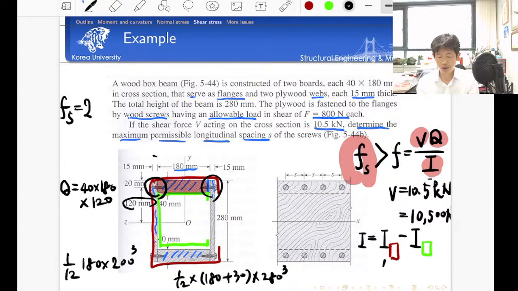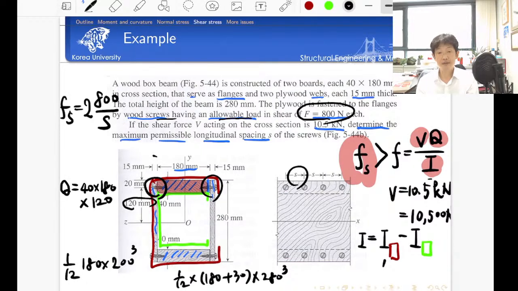So we need to multiply by 2. The allowable shear resistance of a screw nail is 800 Newton each, and those are placed at every distance S, so divided by S. Let's plug in here, and then we can calculate the distance very easily.